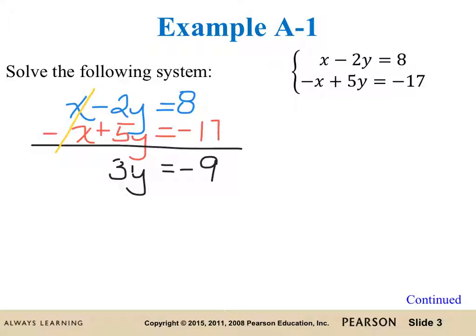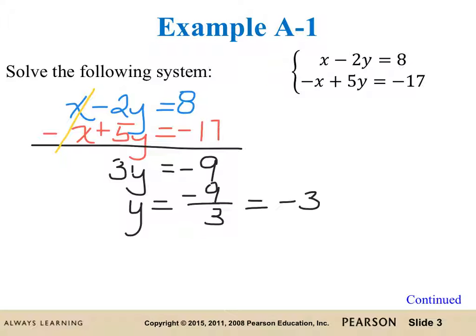And with the equation 3y equals negative 9, since we no longer have any x's, we can solve that for y by dividing both sides by 3. And negative 9 divided by 3 is, of course, negative 3.